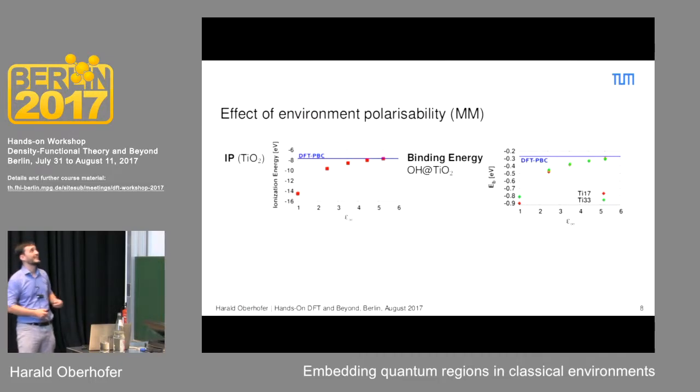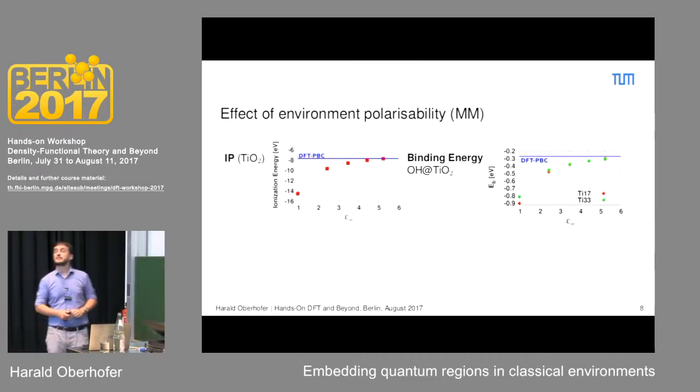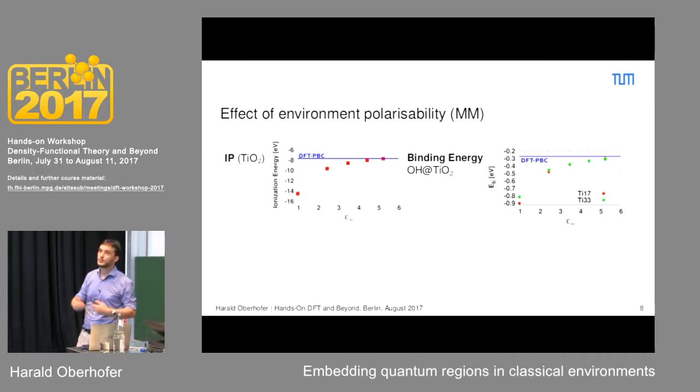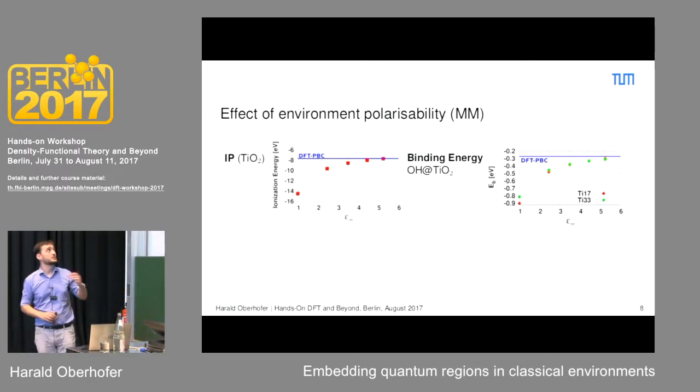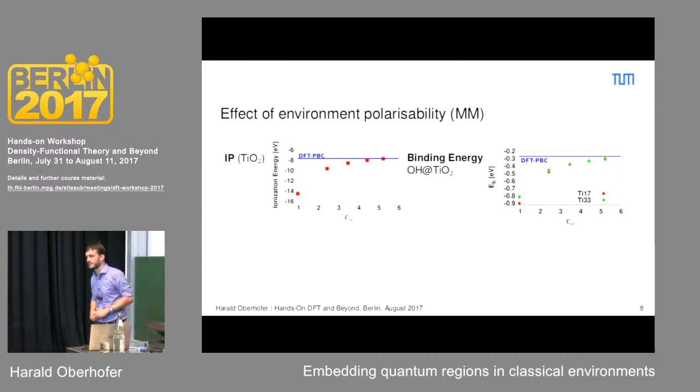Now what Daniel showed here is actually two things. First of all, by getting towards the right dielectric permittivity of the surrounding medium, you do get a binding energy that is closer to what you would get in a periodic boundary calculation. The second thing that he showed is that the clusters which we're using, and there are two clusters here right now, titanium 17 oxygen 34 and titanium 33 oxygen 66, have less of an impact on the binding energy in this very case.